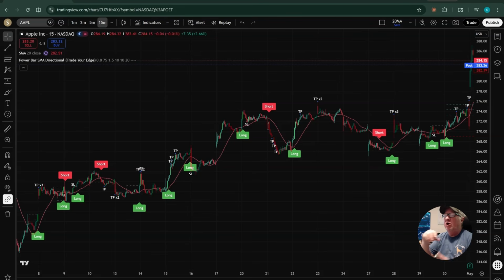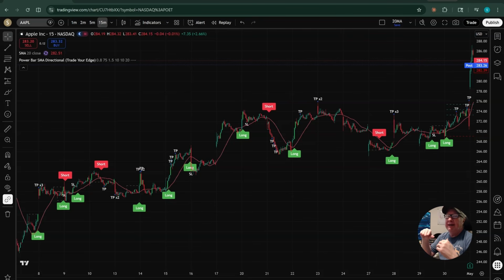A power bar is simply a candle that's larger than the candles around it, starts at or near what I call the anchor line, which is the 20 simple moving average. So you don't need a ton of indicators that you don't understand on your chart. The power bar clears either support or resistance to the left.